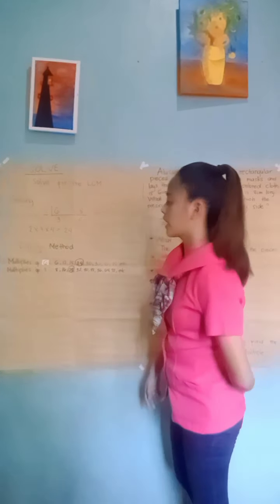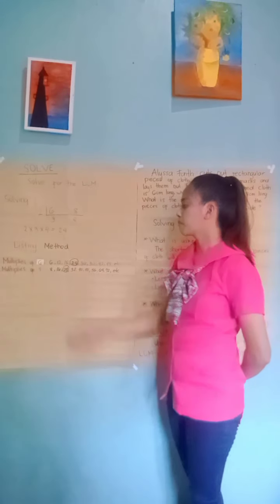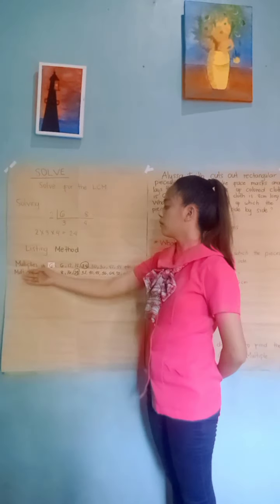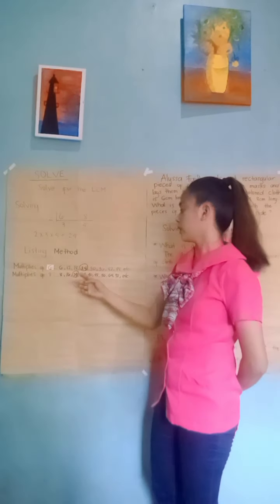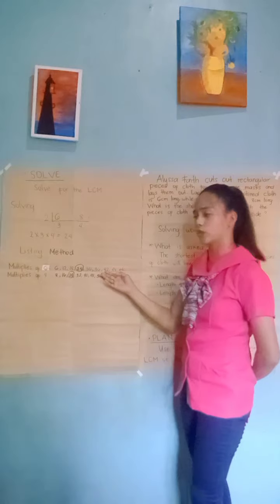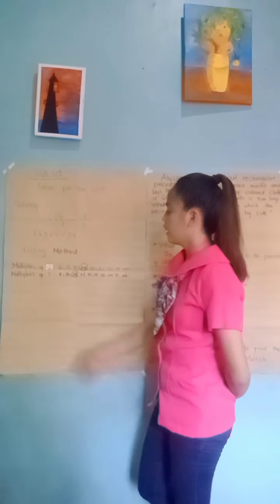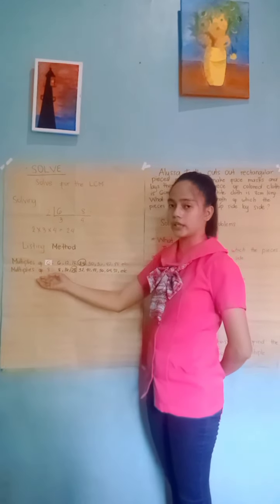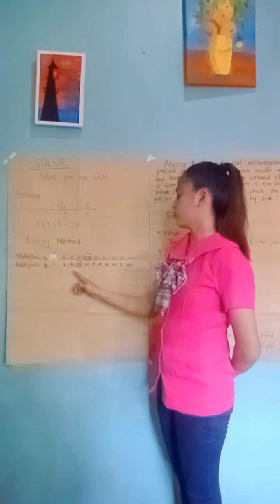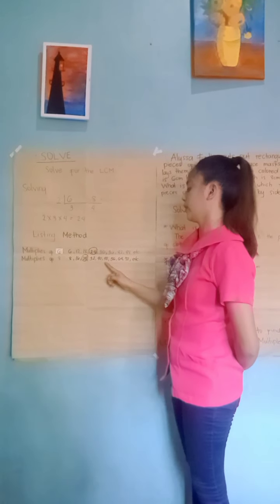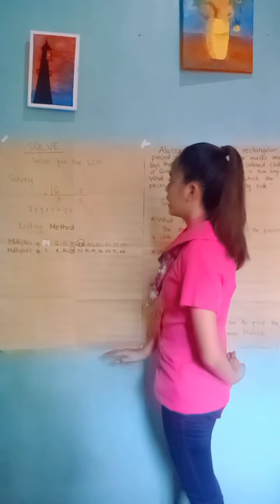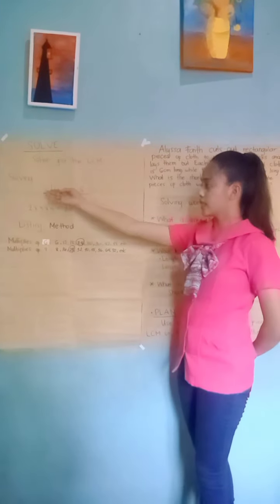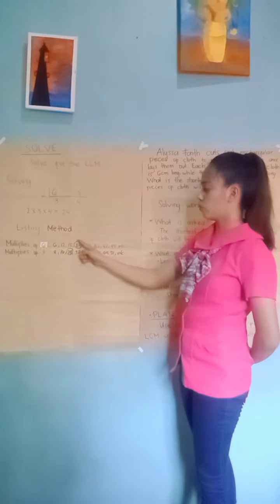So we will use again the listing method. What are the multiples of 6? 6, 12, 18, 24, 30, 36, 42, 48, and so on. The multiples of 8 are 8, 16, 24, 32, 40, 48, 56, 64, 72, and so on. So the least common multiple of 6 and 8 is 24.